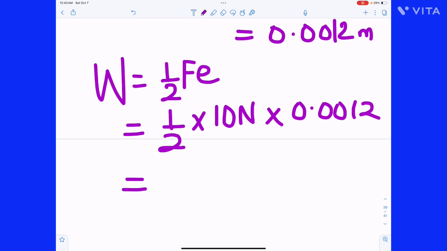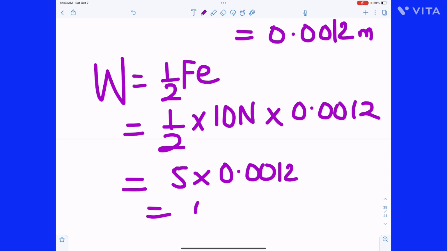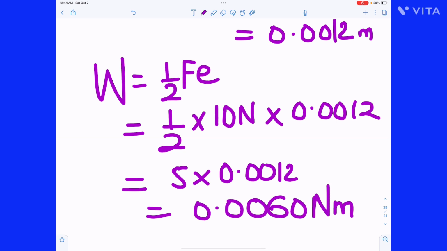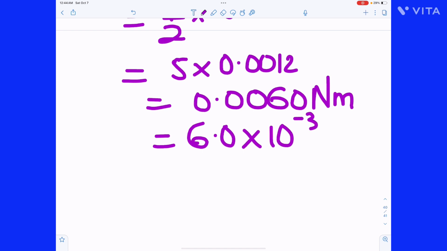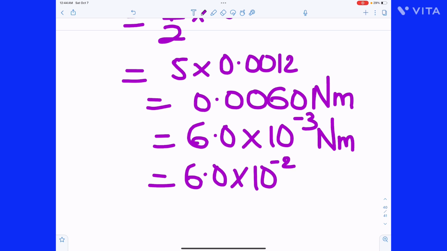Press your calculator and see what you get for this. This will give you 5 times 0.0012. That's 0.0060 newton meters, which is the same thing as 6.0 times 10 raised to the power minus 3 newton meters, which is the same thing as 6.0 times 10 raised to the power minus 3 joules.